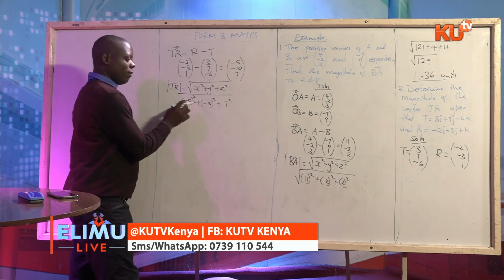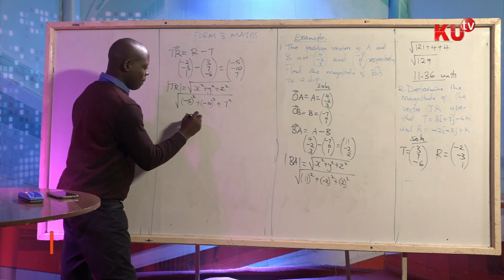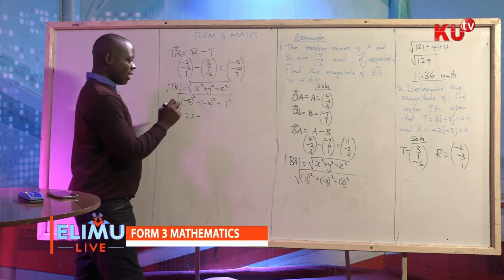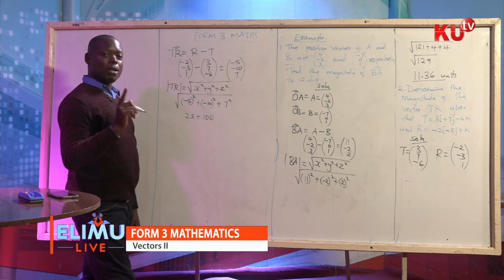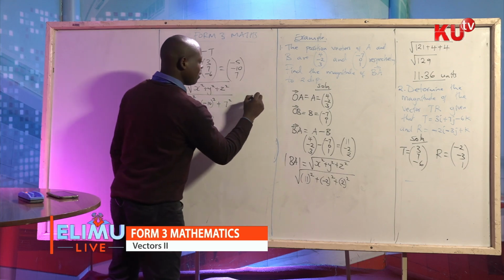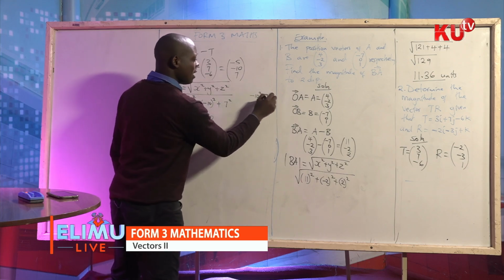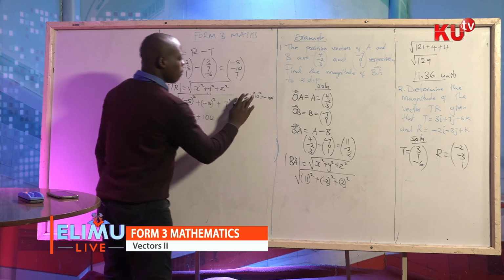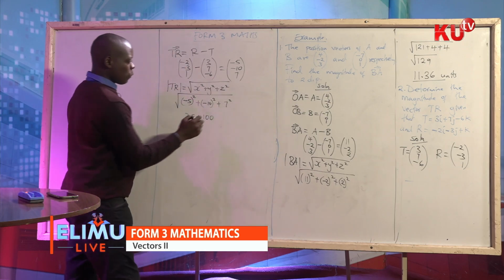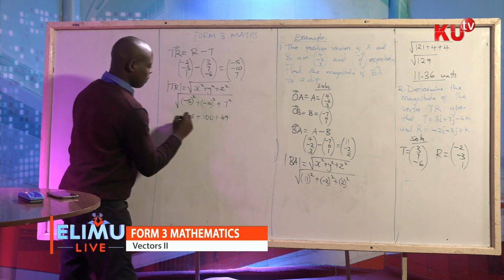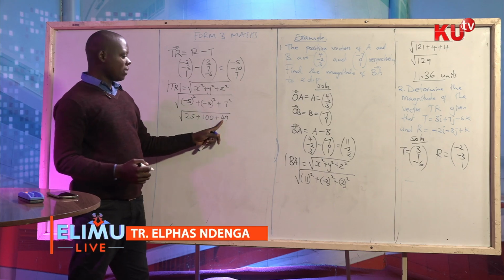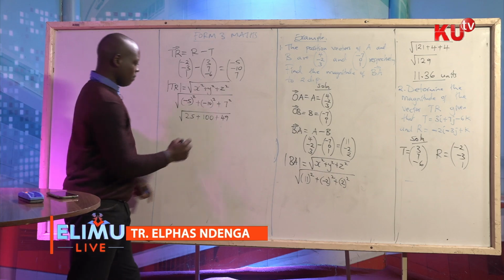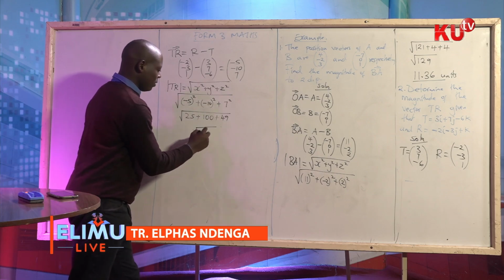Negative 5 squared gives us 25, plus negative 10 squared is 100. Remember, when you are squaring a negative number, it has to be in brackets. If you just put negative 10 squared in your calculator, it will give you negative 100, and that is wrong. So make sure you use your brackets well to have the right answer. Then plus 7 squared, that is 49. So we have 100 plus 49, that is 149. Then we add 25. That will be 174.